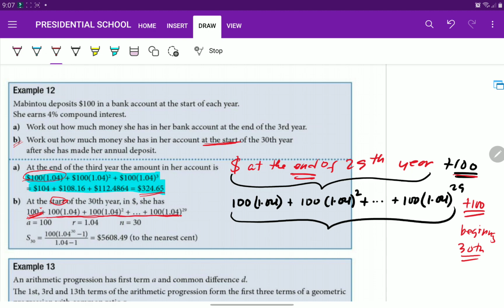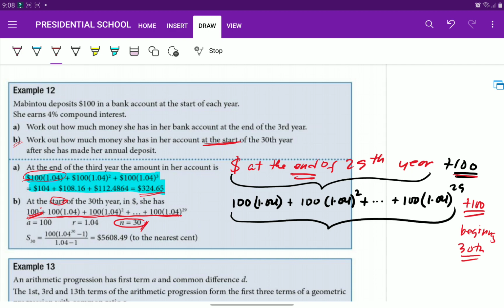What do you notice now about this sequence? It follows a geometric sequence wherein n is equal to 30. Look, 100 times 1.04 to the power of 0, 1, 2, 3, until 29. Meaning there are 30 years, 30 terms all in all.